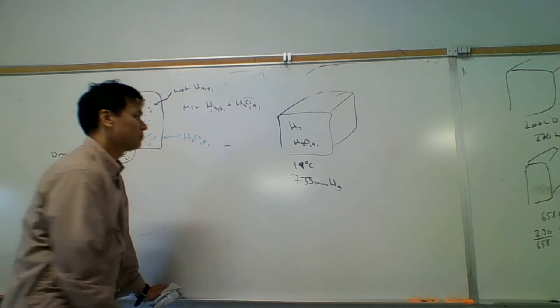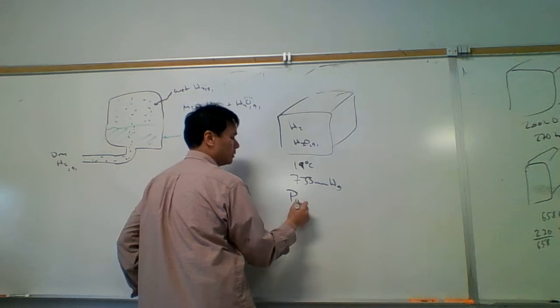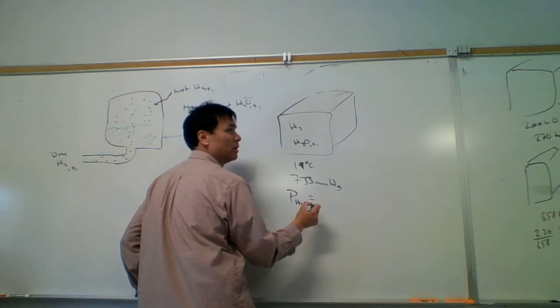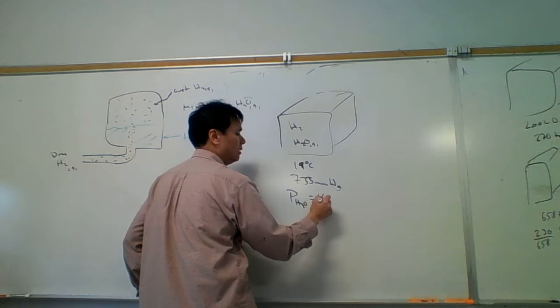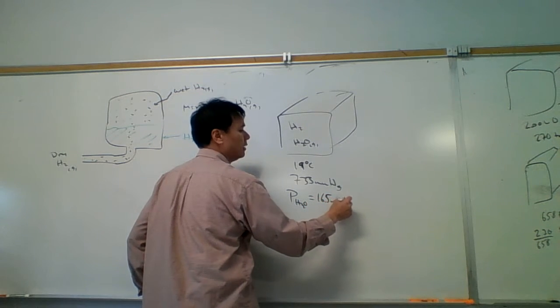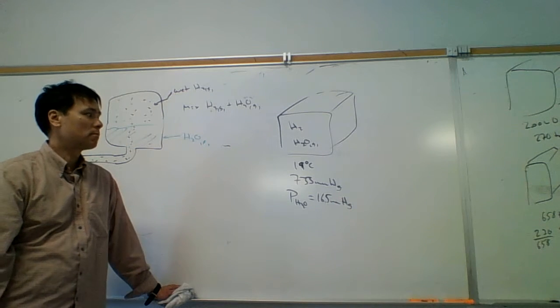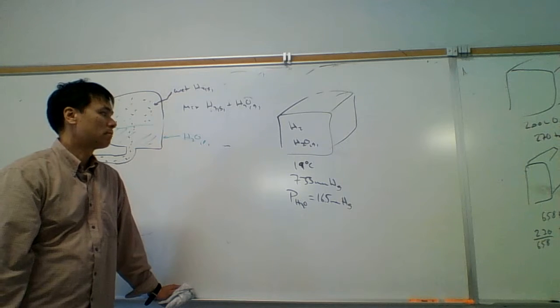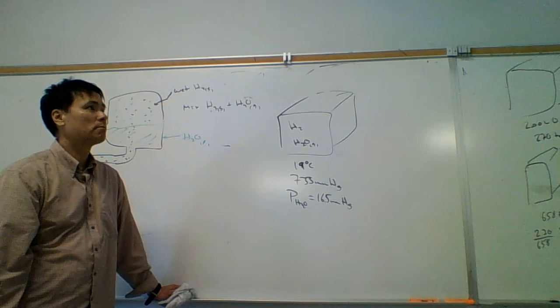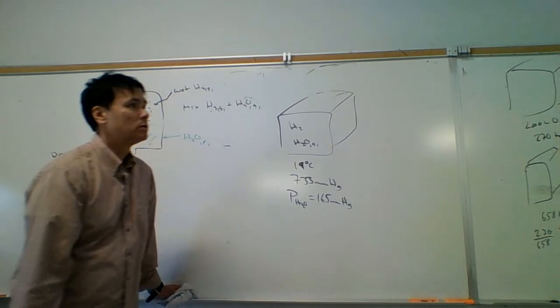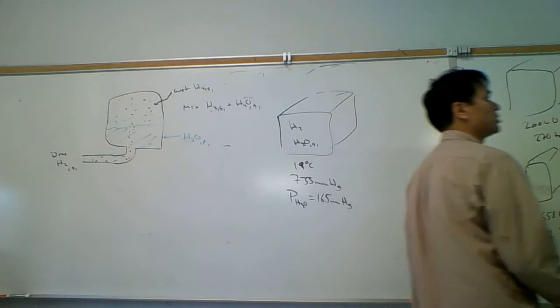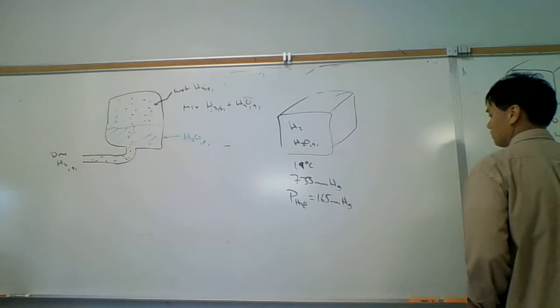They tell us that the pressure of the water vapor, that is the pressure of the gaseous water, is 16.5 millimeters of Hg. So what is the pressure of the dry hydrogen?